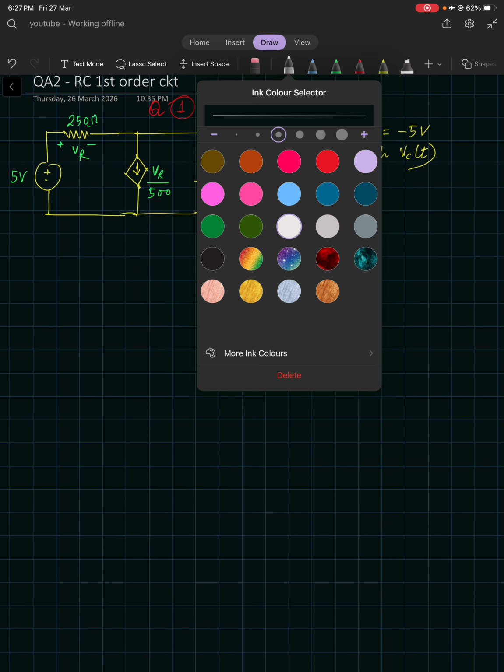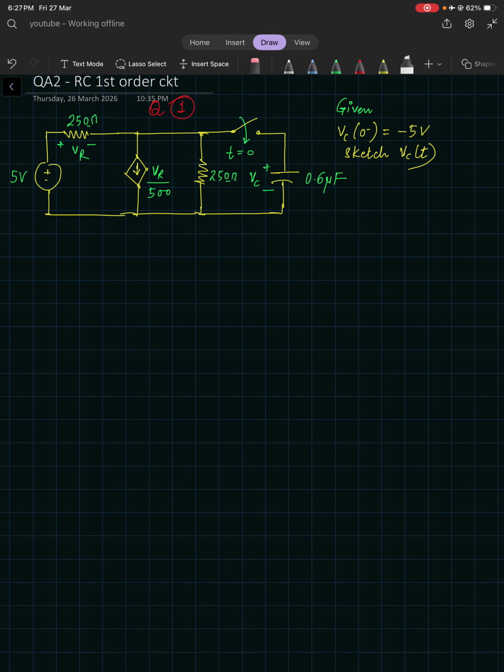Here you can see there is a voltage dependent current source. It is a current source, but it depends upon the voltage, that's why it is dependent. There are two resistors of 250 ohm, and a DC voltage source of 5 volts. The question is to sketch or find the value of VC.